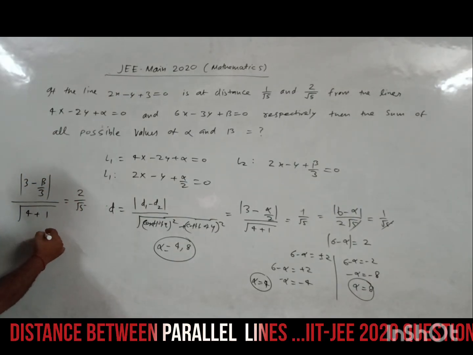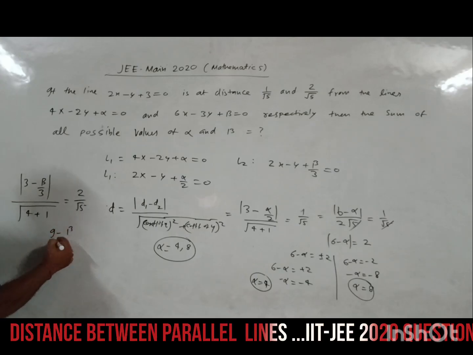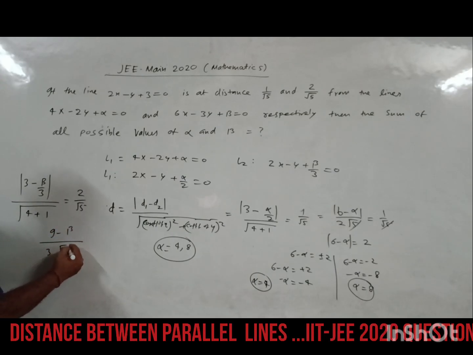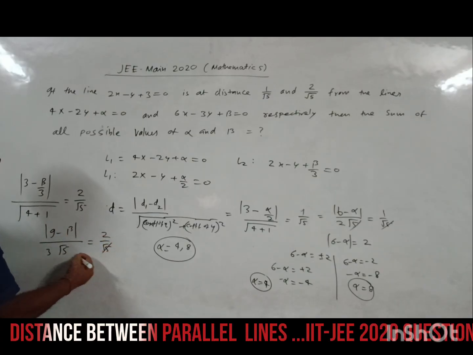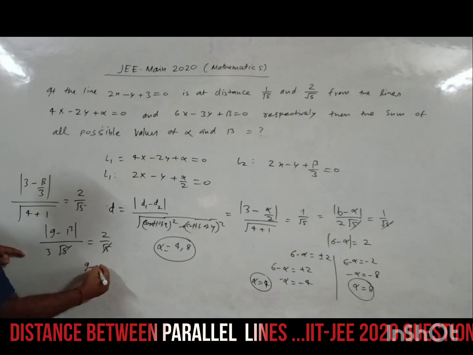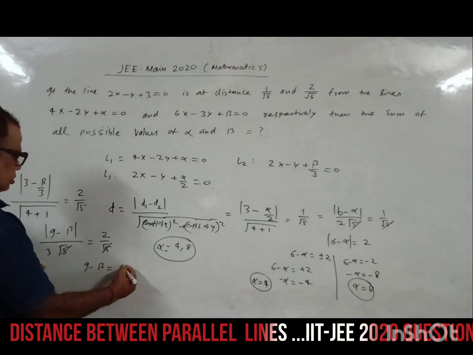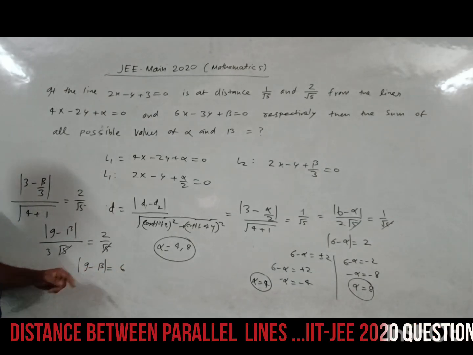So this is mod of 9 minus beta upon 3 root 5 equal to 2 by root 5. So root 5 will cancel, and mod of 9 minus beta is equal to 6.